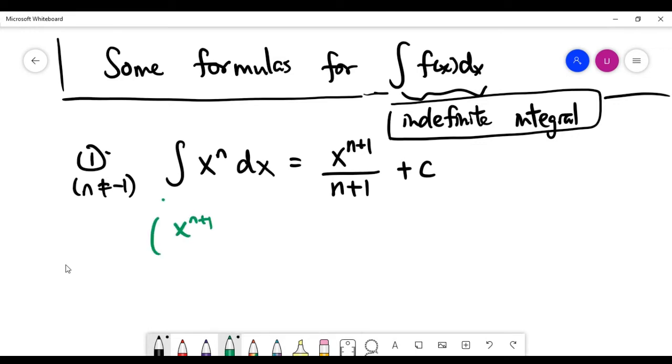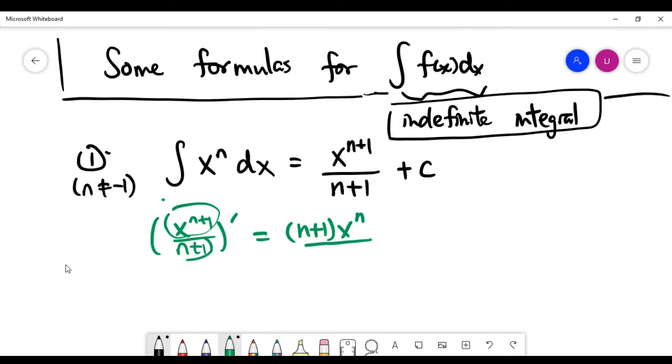So you see the fact is that if you differentiate the right-hand side, by the power rule in derivative, for the top term x to the power n plus 1, the n plus 1 as the exponent is pulled out by the power rule in differentiation, and the exponent itself is decreased by 1. And you decrease 1 from n plus 1, you'll get the power as n.